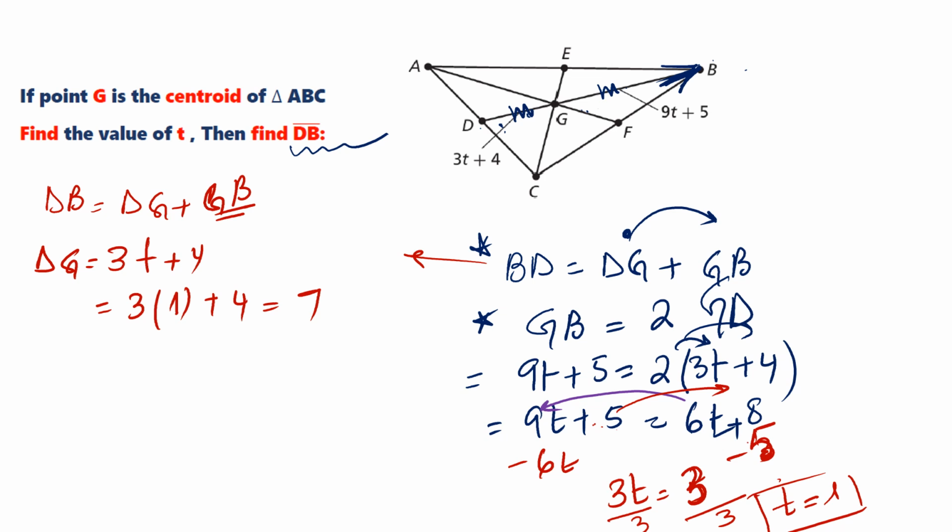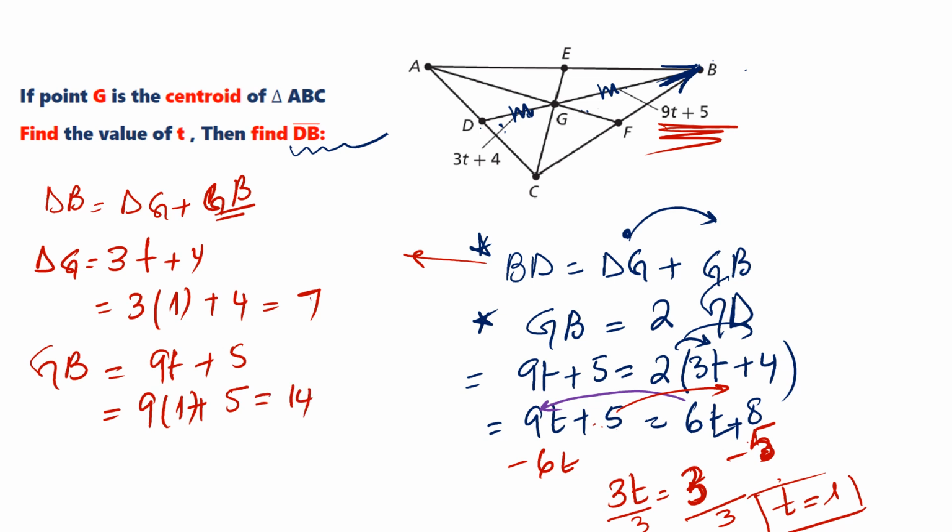Now find out the GB, and the GB is given as 9t plus 5. Replace the t by 1. So 9 plus 5, it's 14, right? And 7 times 2 is 14. So it is correct. So what is BD? So BD is 7 plus 14, which means 21. That is our answer.